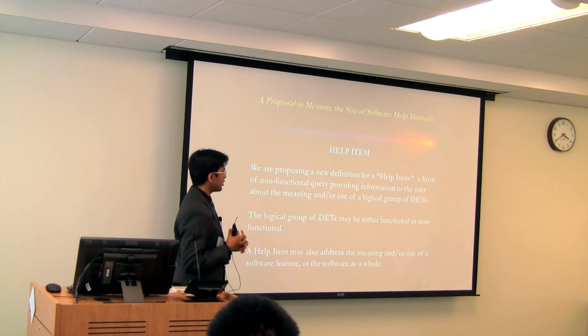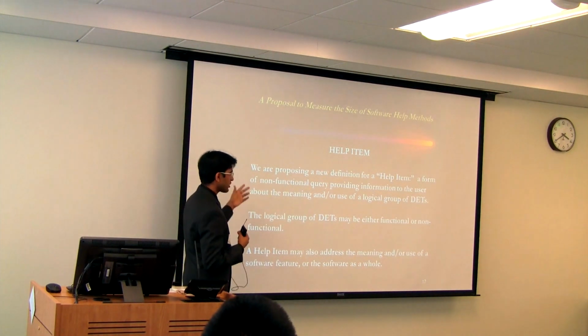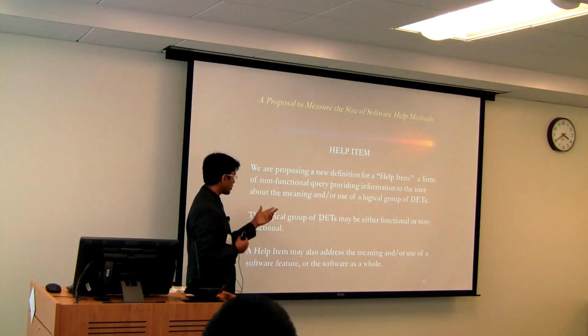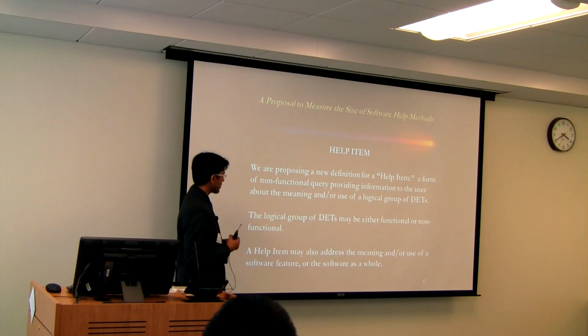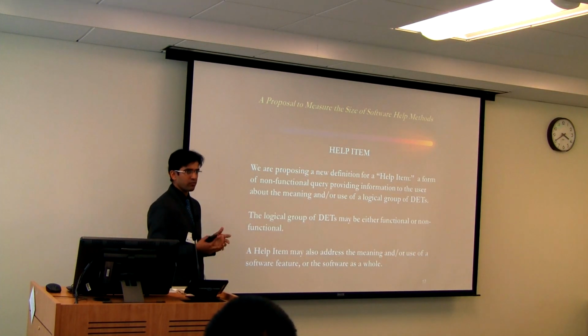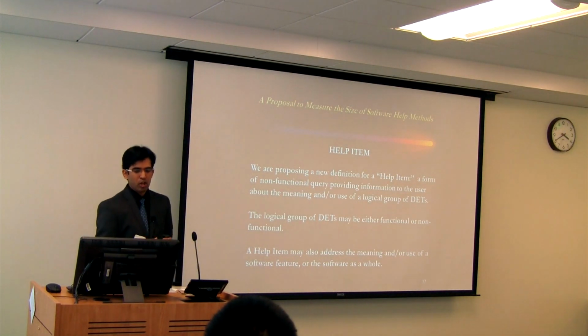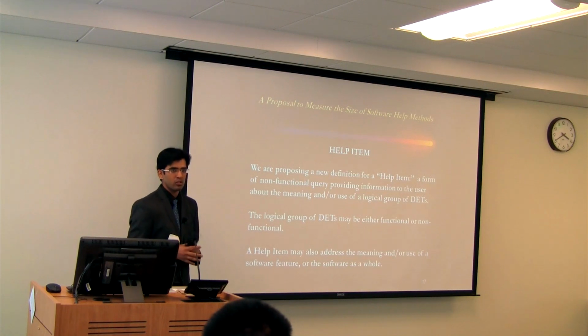We are going to propose a new definition for a help item in a software. A help item is a form of non-functional query, providing information to the users about the meaning or use of a logical group of DETs. This logical group of DETs can be either functional or non-functional. A help item may also address the meaning or the use of the software as a whole.